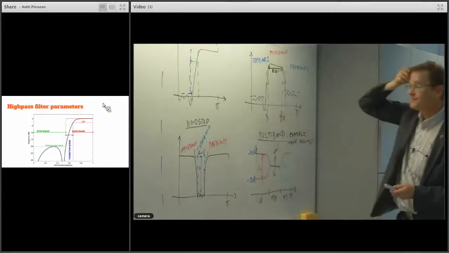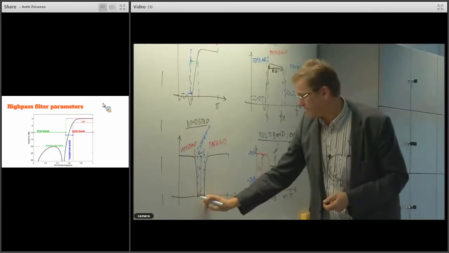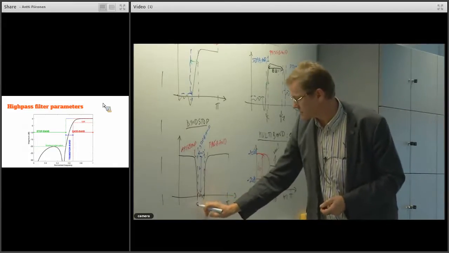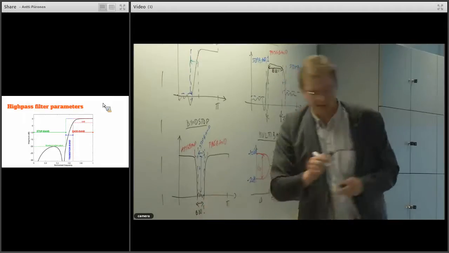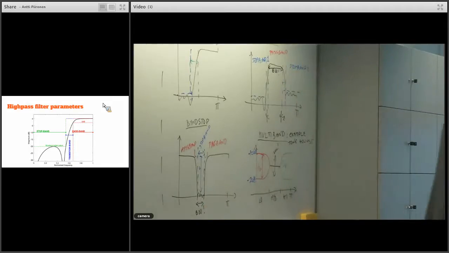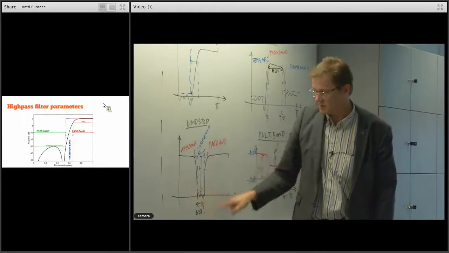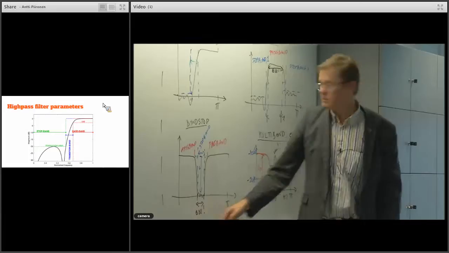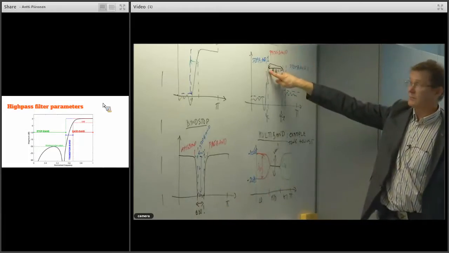On band stop, the stop band bandwidth is here. So when there is talk about bandwidth, it is something that we always measure. If it's a stop band filter, it makes sense to define the stop band bandwidth. For pass bands, the bandwidth would be defined by that one.